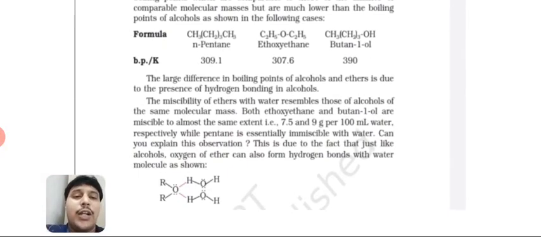You can see the R-O-R part: the oxygen of ether forms hydrogen bond with the H of the water molecule, right? So on the basis of that, ethers are miscible in water, right?